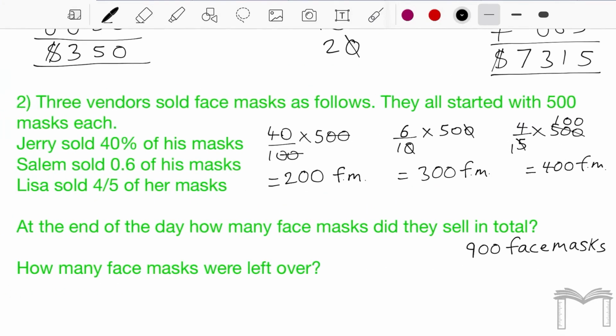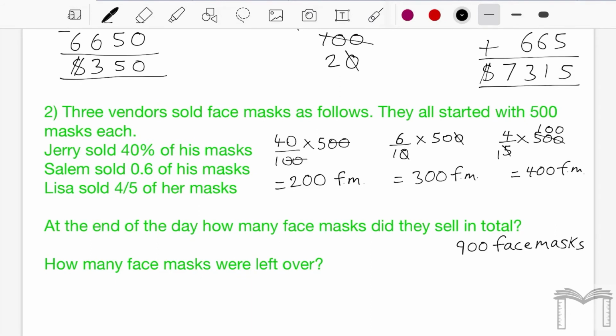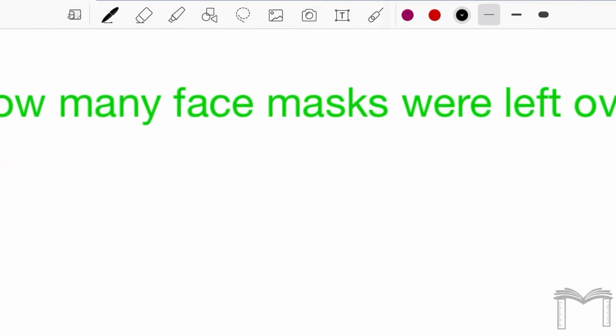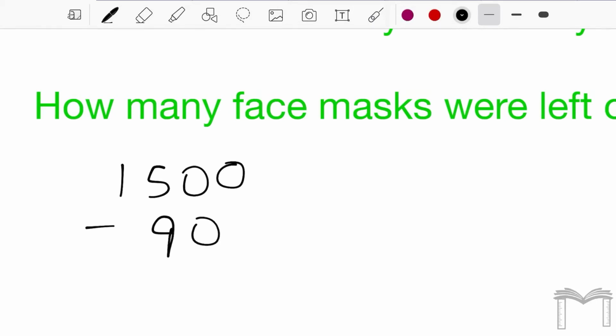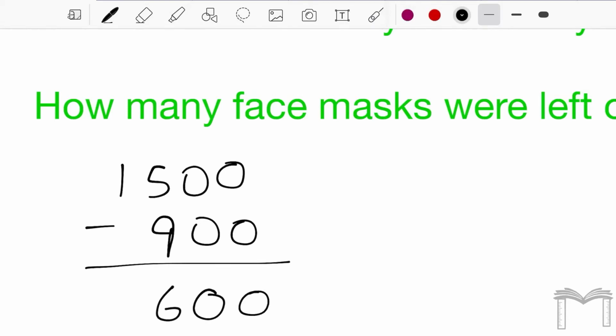Face masks. How many face masks were left over? So if each person had 500, 500 times 3, that's 1500. Take away the 900 that was sold, so we get a remainder, which is 600.